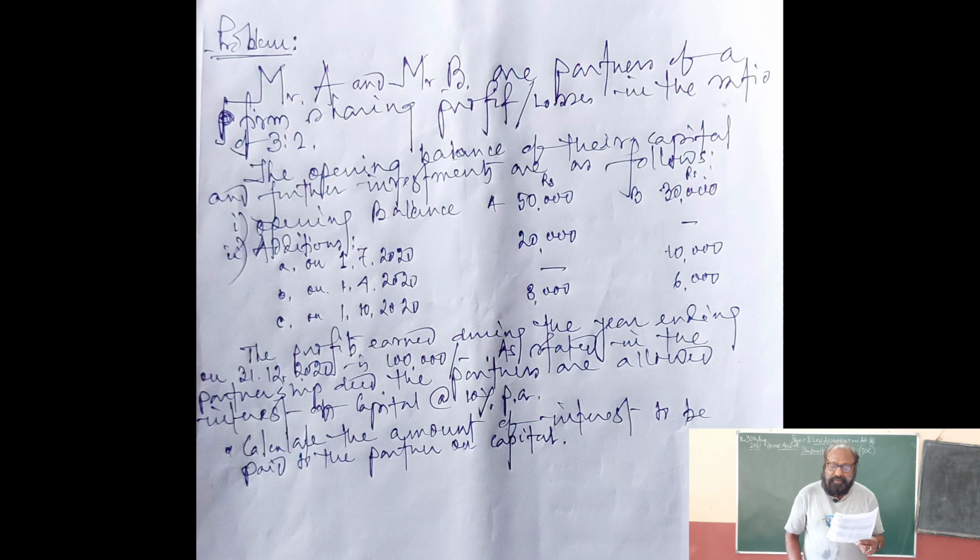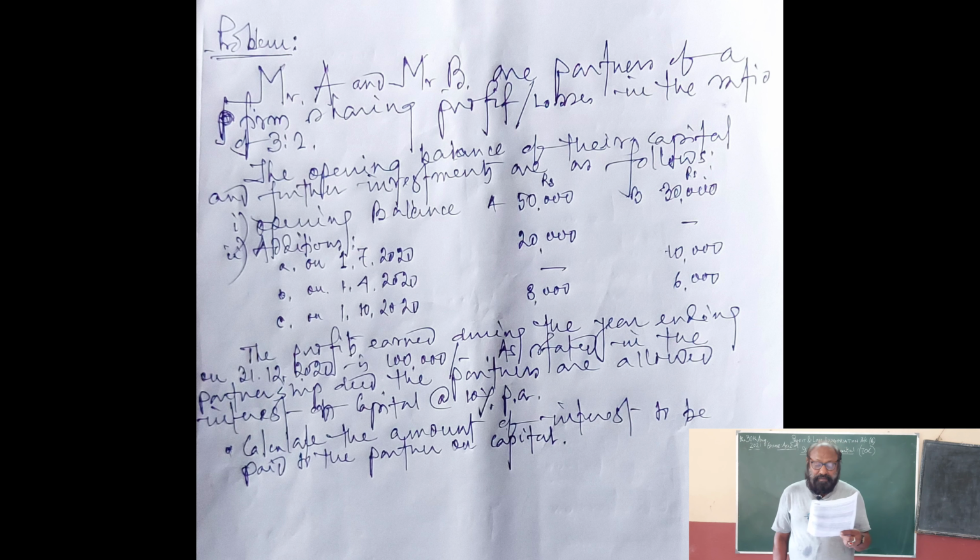Mr. A and Mr. B are partners of a firm sharing profits and losses in the ratio of 3:2. The opening balance of their capital and further investments are as follows. The opening balance of A is 50,000, of Mr. B 30,000.